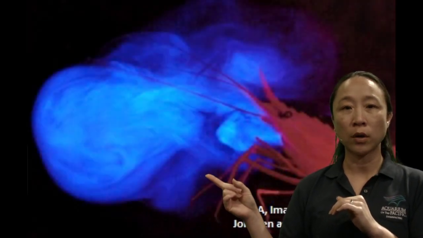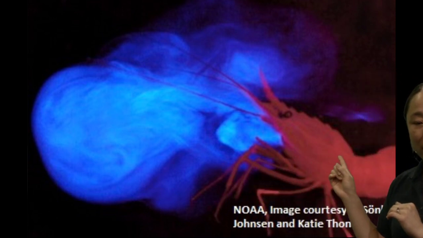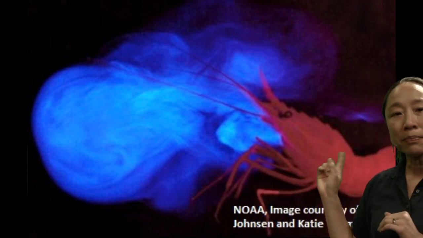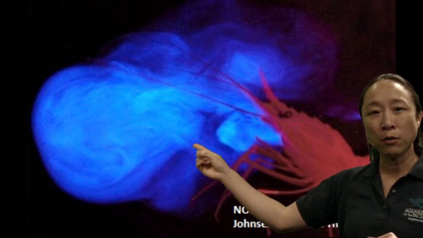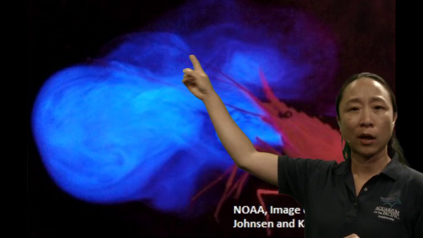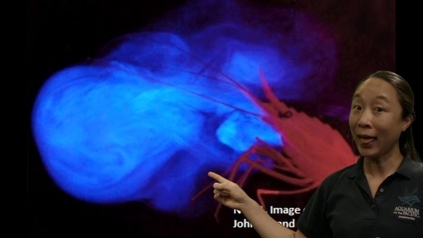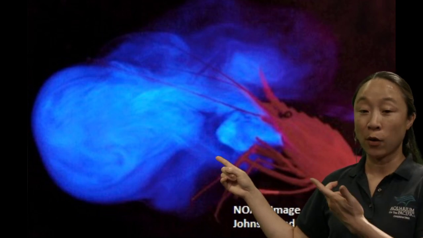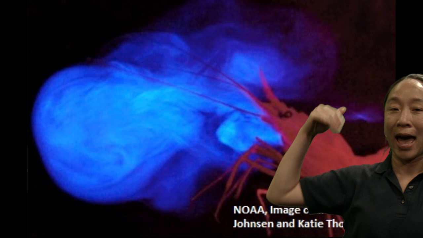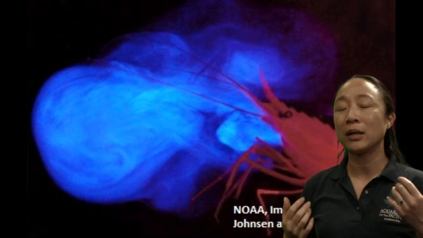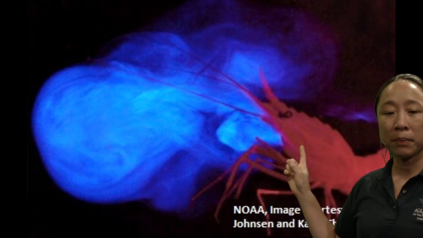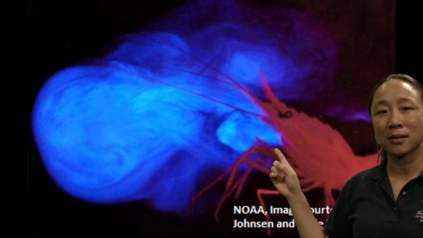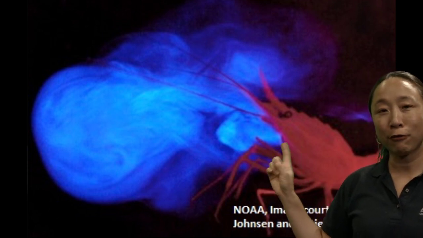Because if you were a little shrimpy like this friend here, this pandalid shrimp, something might try to eat you. But if you spit out a giant cloud of glowy stuff in the dark, that's kind of scary. If I was going for this shrimp, I might go, whoa, what is that? And actually back off. And that would give that shrimp enough time to get away. So this shrimp here is actually using bioluminescence to protect itself as a defensive mechanism.